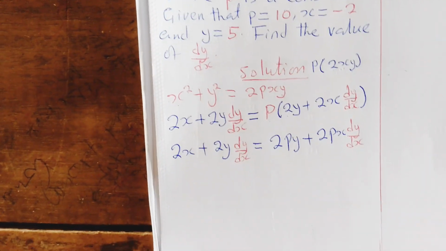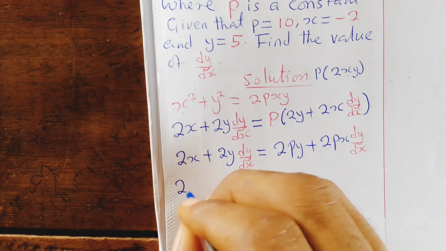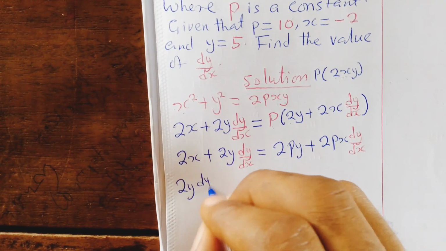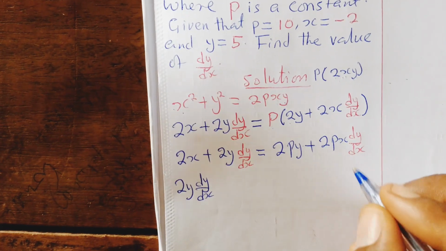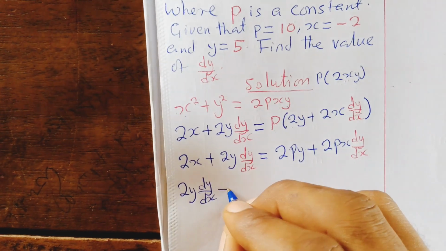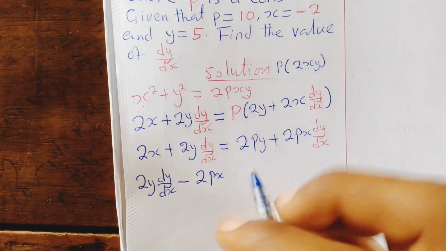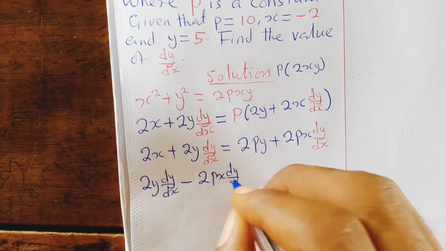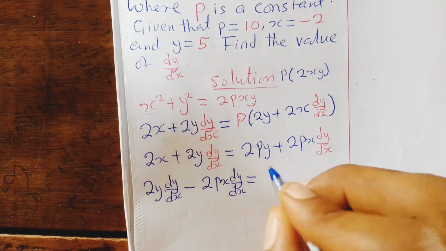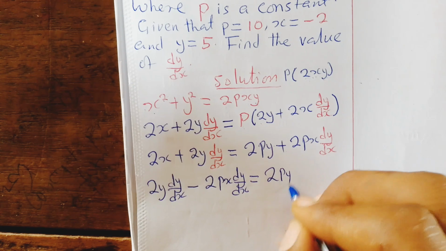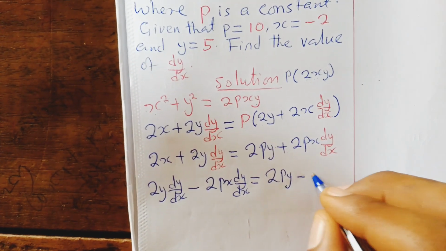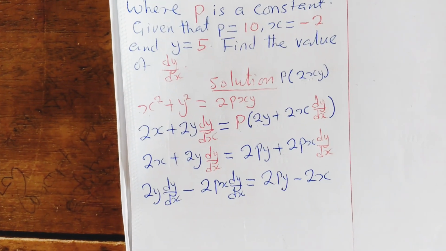So I'm having 2y dy over dx. This one becomes minus 2px dy over dx is equal to 2py minus 2x.